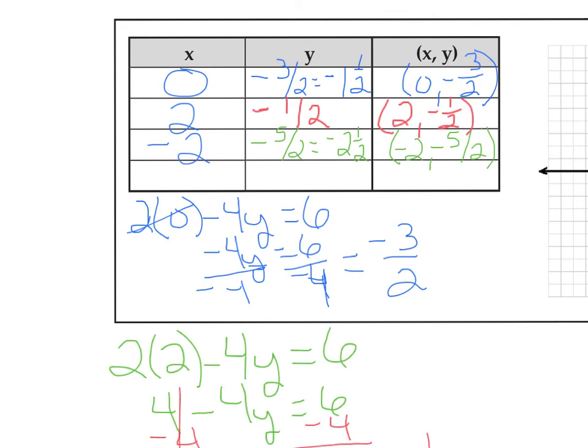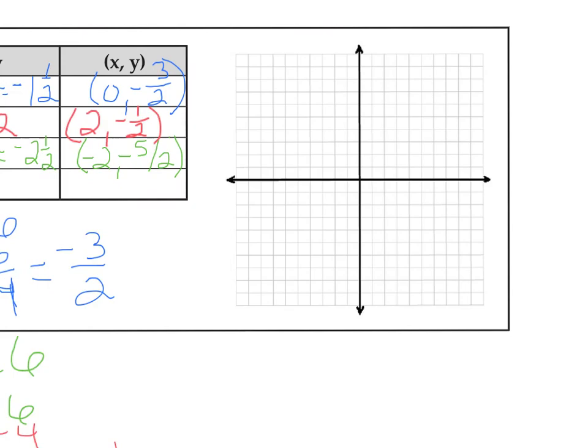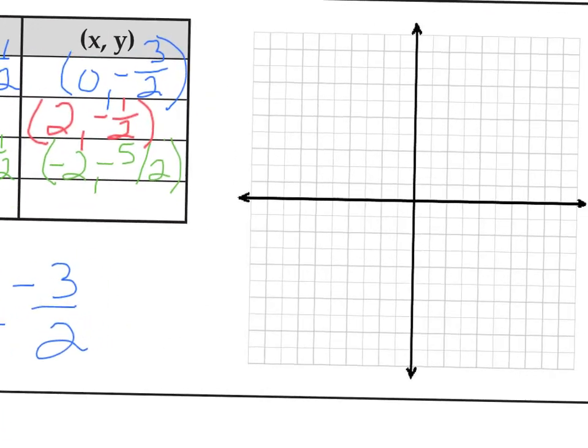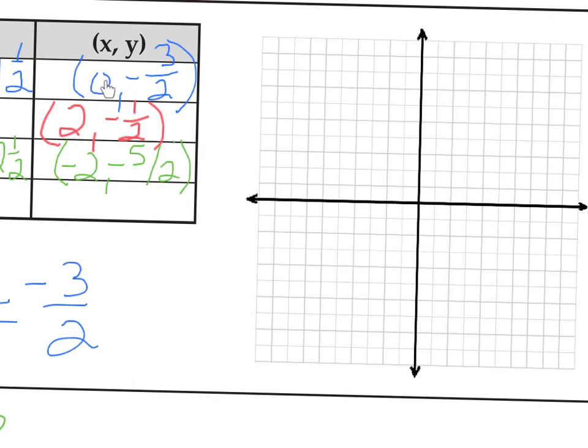Okay, now graphing this could be tricky because of all the fractions, but that's okay. We can handle it. All right, so here's the graph. All right, 0, negative 3/2, or negative 1 1/2. So that would be 0, negative 1, negative 1 1/2. It's going to be right there between negative 1 and negative 2, and you can't really be accurate with the fractions on these type of graphs, so you're just estimating about where it is.